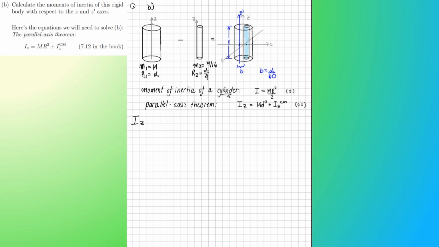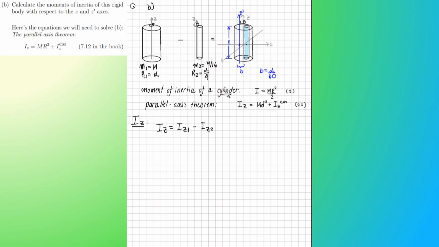So to find the moment of inertia around Z, we will use the same logic that we use in A. So the moment of inertia around Z is equal to the moment of inertia around Z of the first cylinder minus the moment of inertia around Z of the second cylinder here.